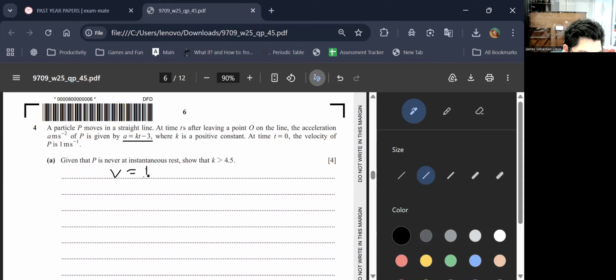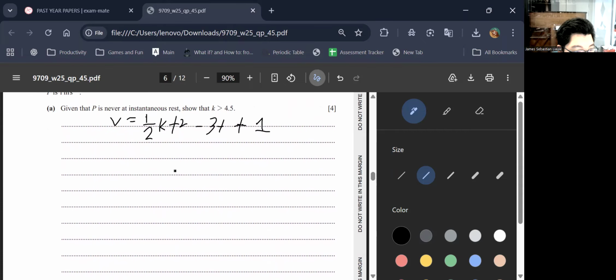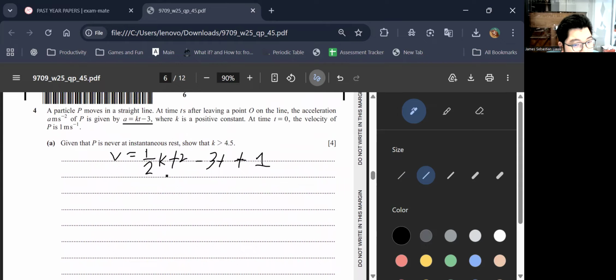So first things first, we can integrate this. At t equals 0, P equals 1. So your constant of integration is 1. P is never at instantaneous rest.